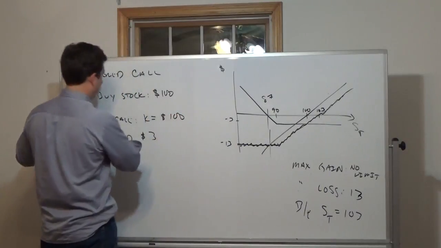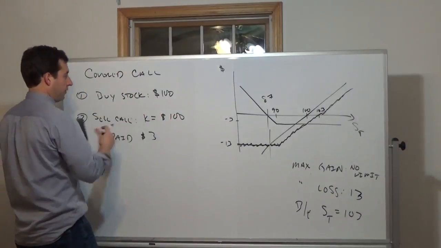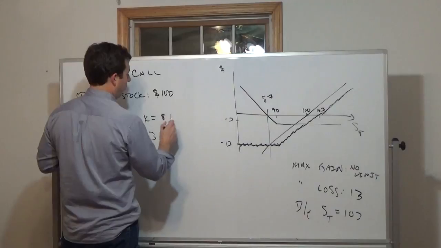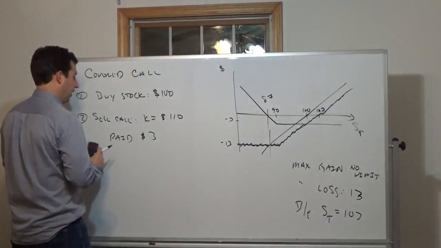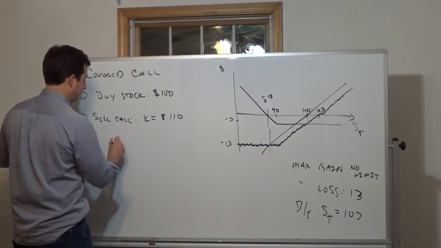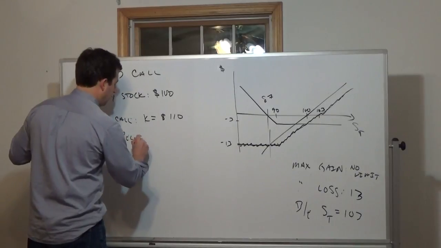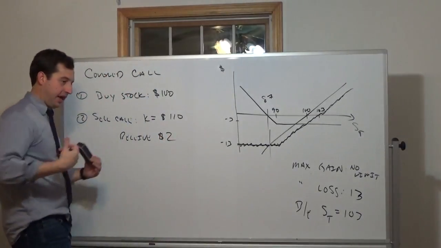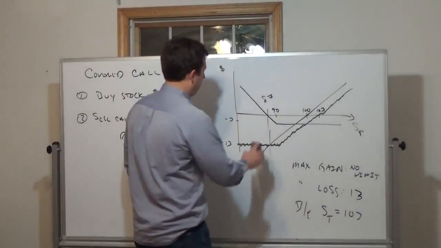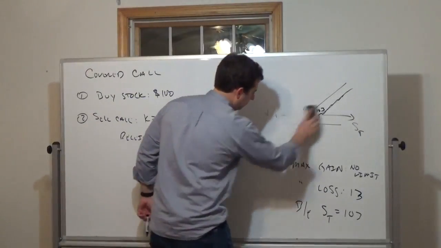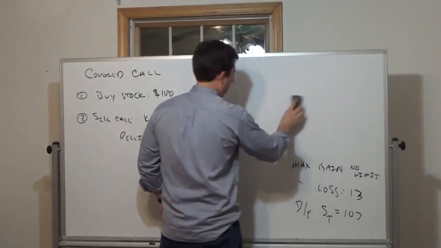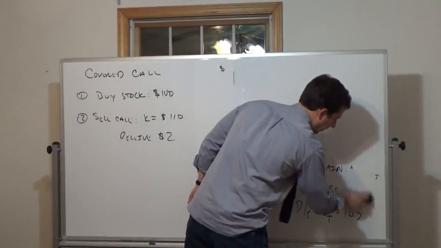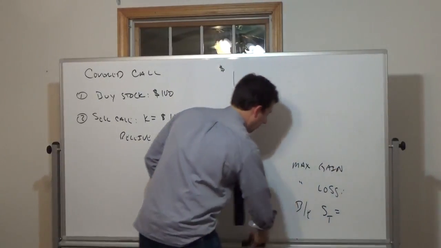So we'll say we sold a 110 strike price call option, and of course for this we receive, I'll make up a number, $2. So in this we're paid $2. We'll do the same chart and then have max gain, max loss, and break even.